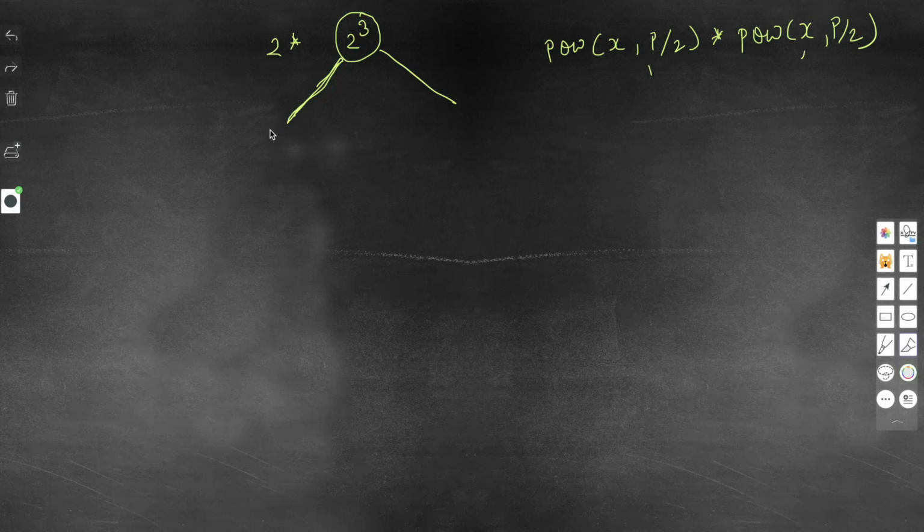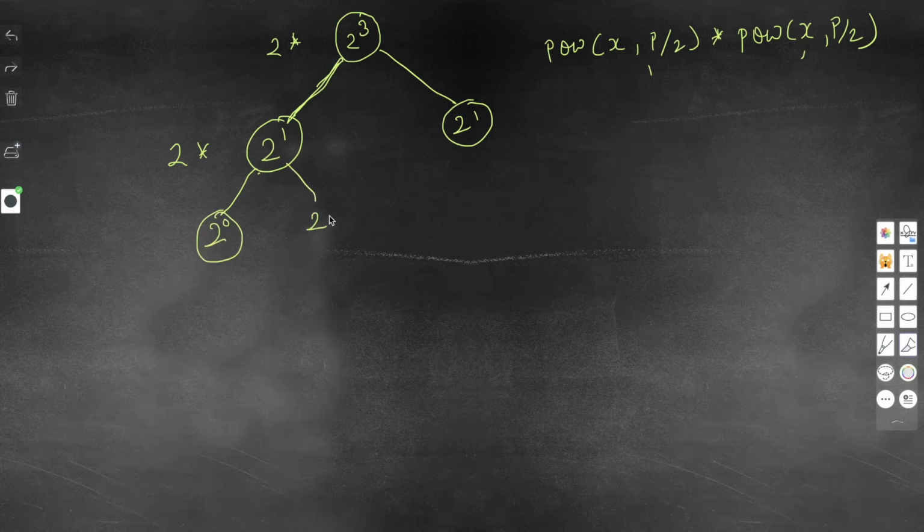So 3 divided by 2 is 1, so 2 to the power 1, and here also 2 to the power 1. 1 is odd, so whatever result I get, I will multiply with 2. 2 to the power 1 will call 2 to the power 0 on the left and right. Here also the same thing is going to happen.